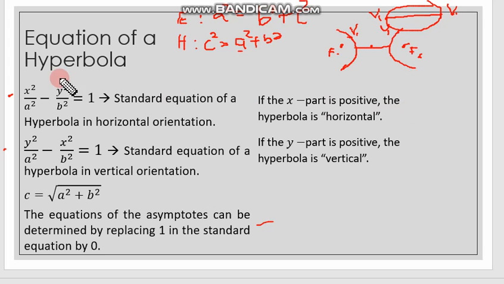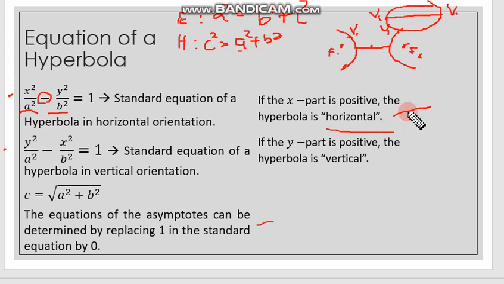Another one, the standard equation of a hyperbola in horizontal orientation. If the x part is positive, therefore the hyperbola is horizontal. Here in this equation, our x part is positive, the y part is negative because of this one.